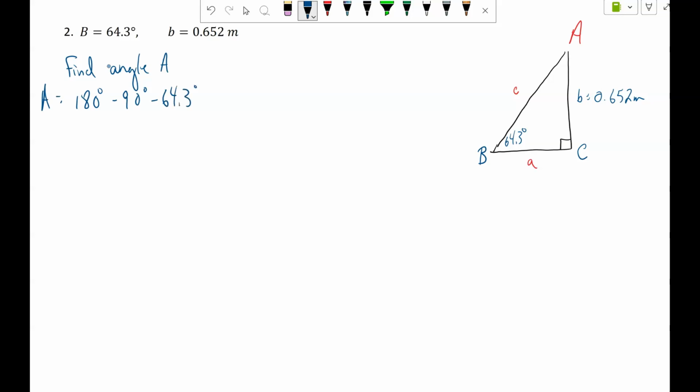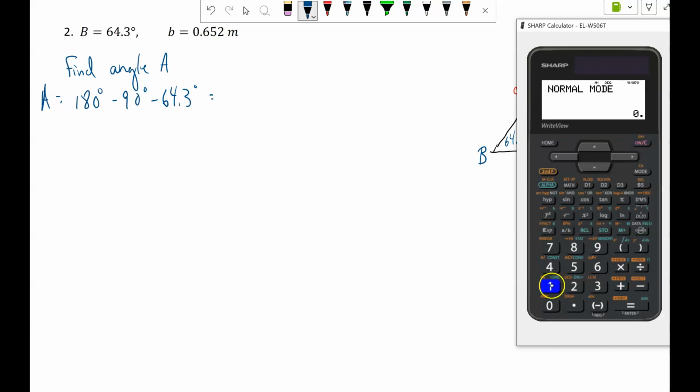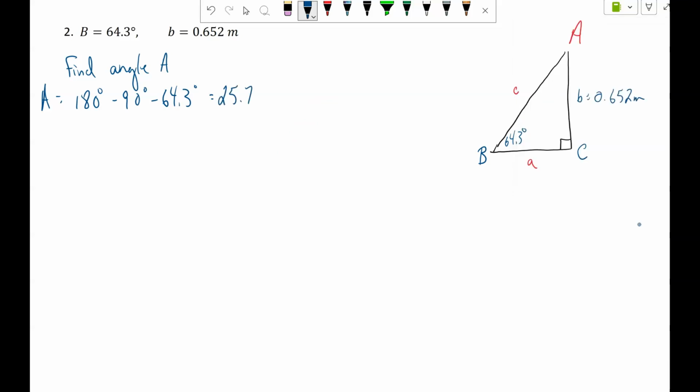We know that A plus B must be equal to 90 since we have a 90, so we could just subtract 64.3 from 90 as well. So 180 minus 90 minus 64.3 leaves us with 25.7 degrees. That is determined, 25.7 degrees up there.